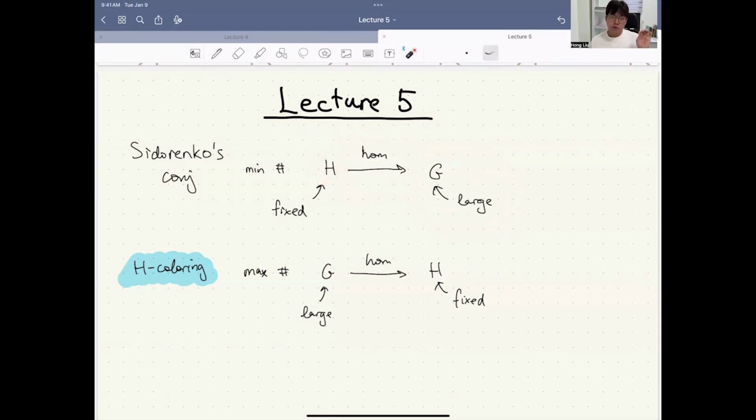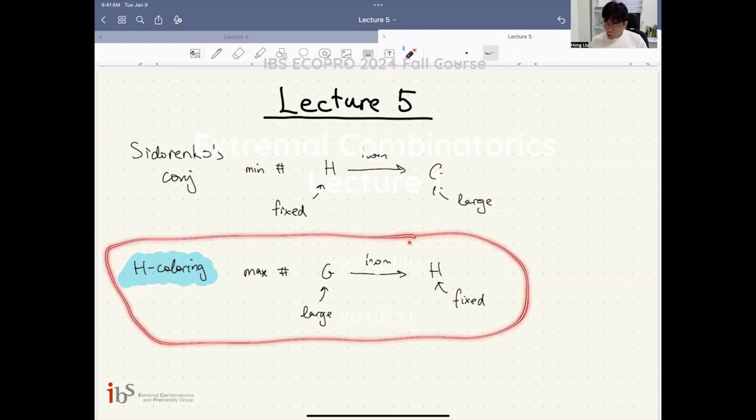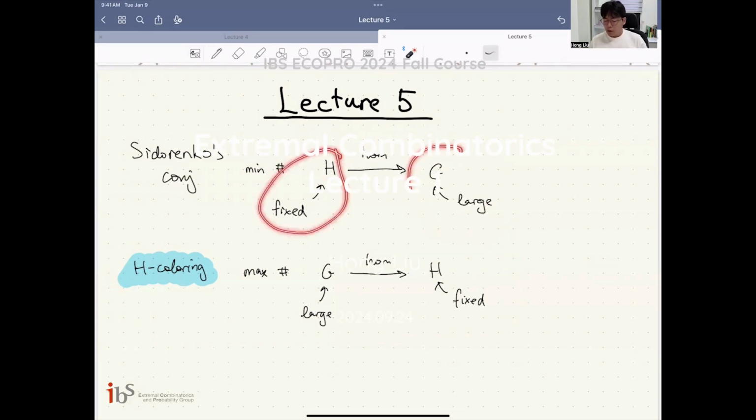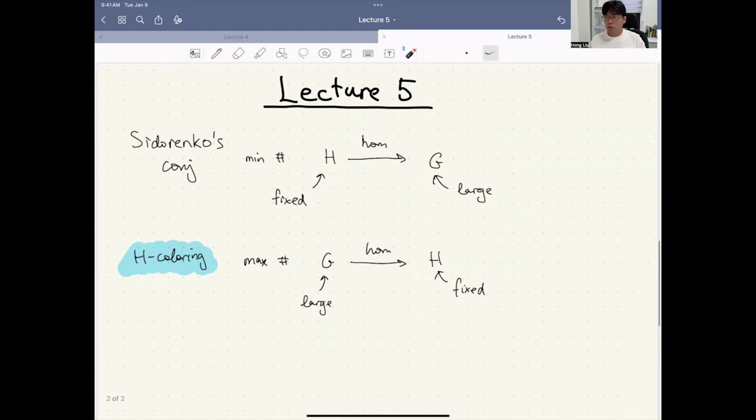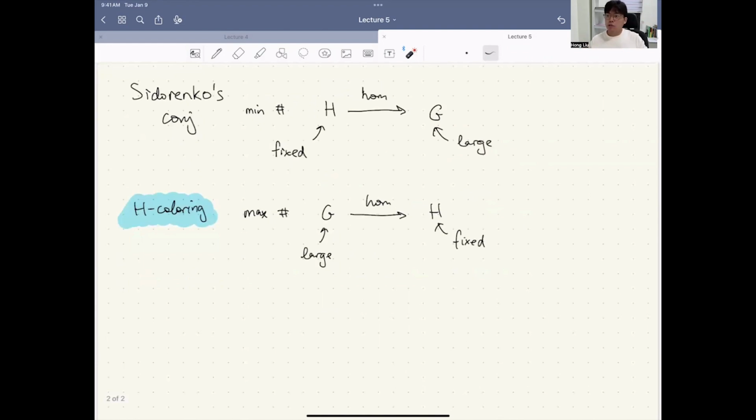It's a very classical type of problem in extremal graph theory. What's the motivation for this setup where we flip and care about homomorphisms from a large graph to a fixed graph? Well, let me give you two very special cases of H, so-called H coloring, and we will see why the opposite direction is equally natural and important.